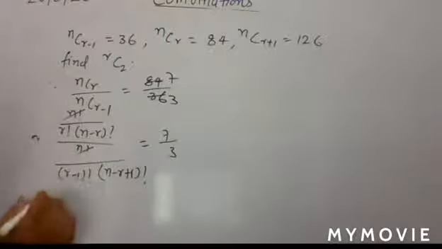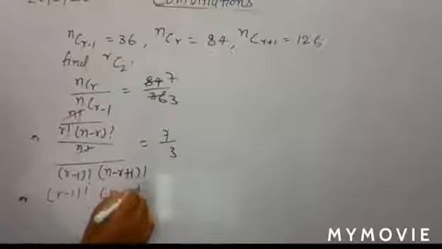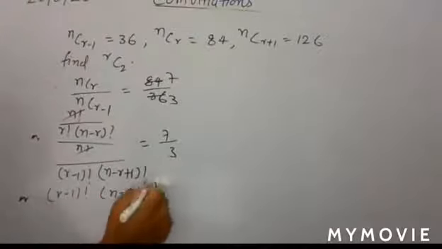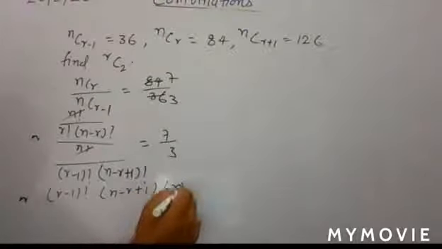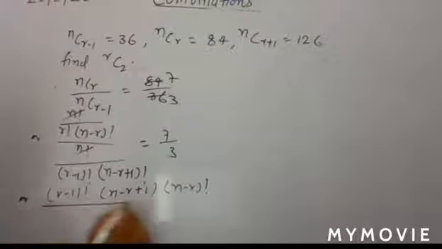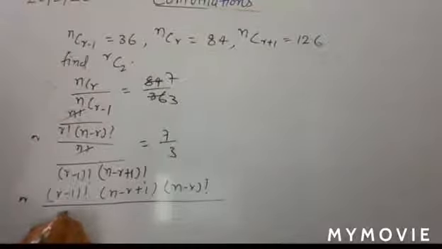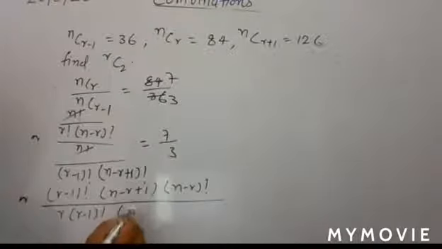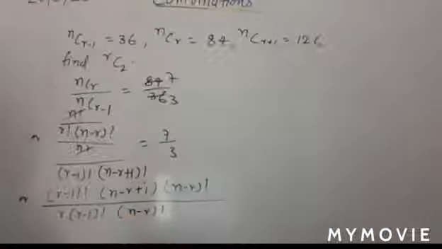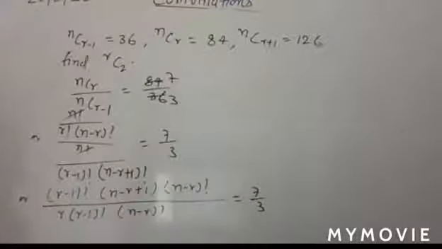You write r minus 1 factorial into n minus r plus 1 into n minus r factorial, whole divided by r factorial, which is greater, so you expand it as r into r minus 1 factorial, and n minus r factorial as it is, equal to 7 upon 3.